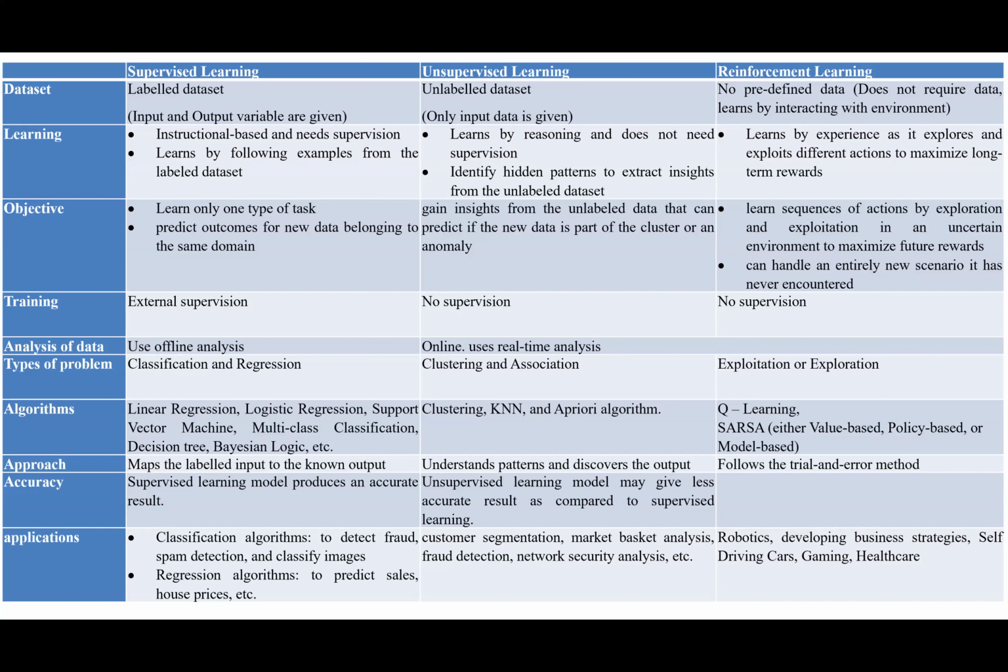But in case of unsupervised learning, if after training you feed very different data, then it will create a new class, a new category for that, right? Because it gets insights from unlabeled data that can predict if new data is a part of a cluster or not.